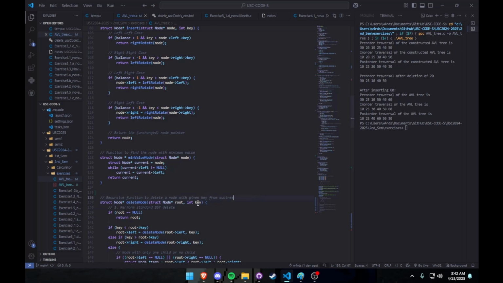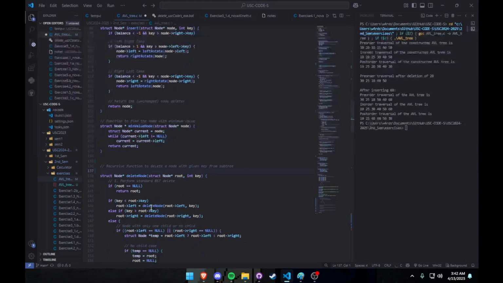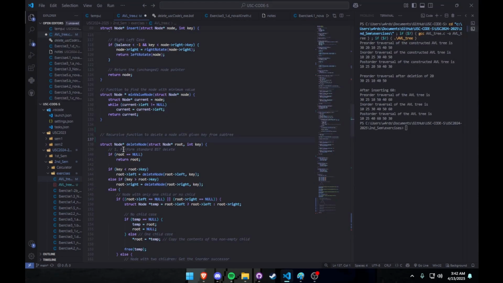So now we move on to delete node. Remember, delete node is also similar to how you would delete it in a binary tree. So the same thing, check if the root is equal to null.